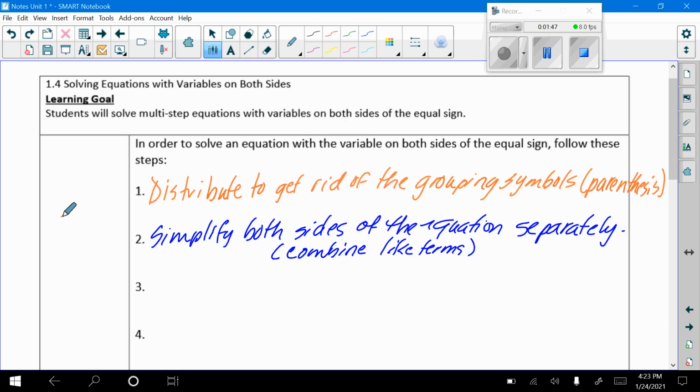after that, we're going to move the variable terms to one side of the equal sign.